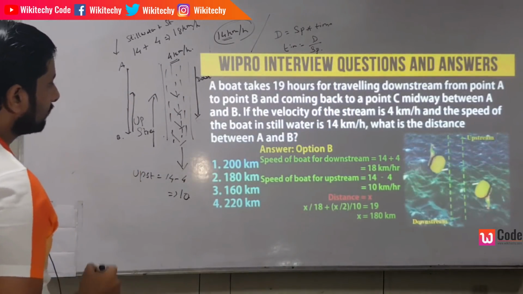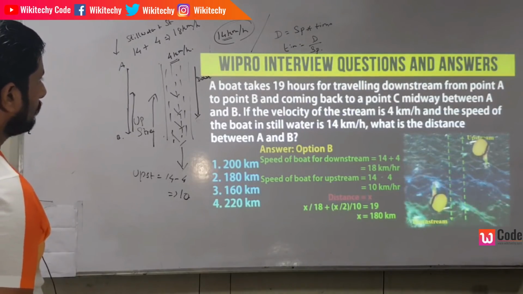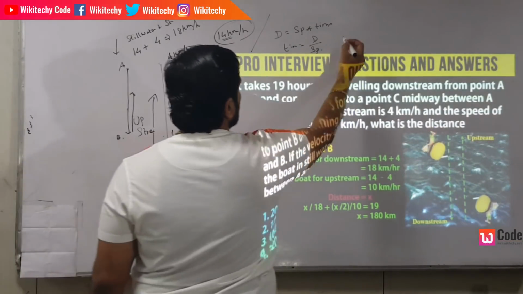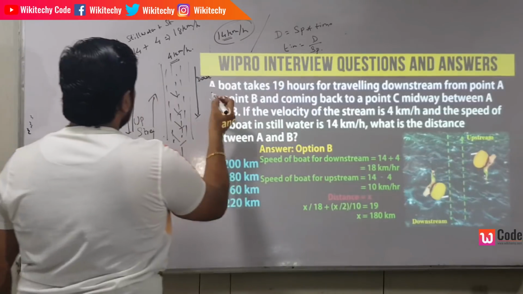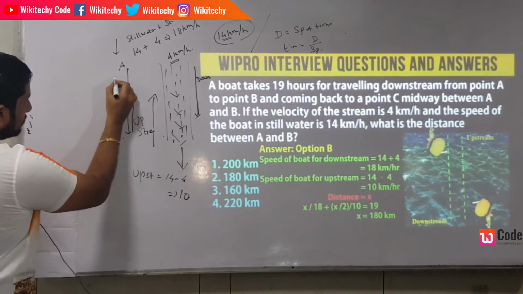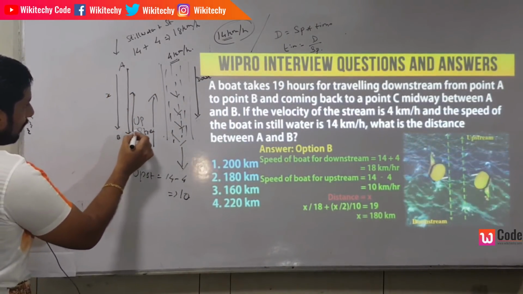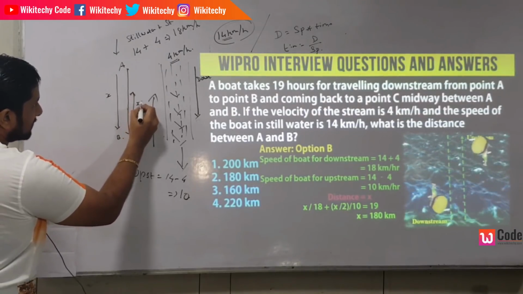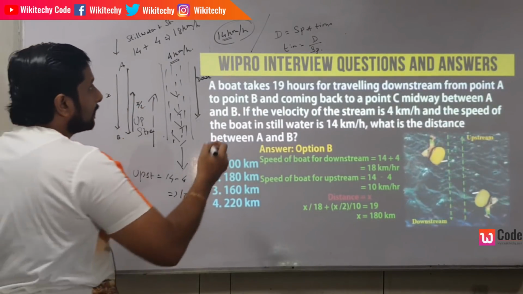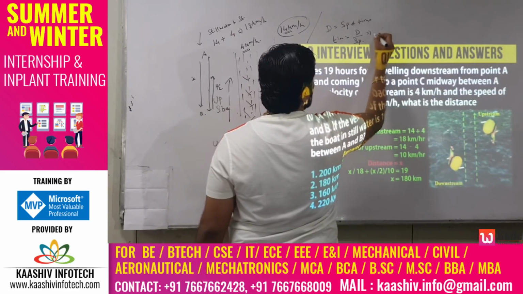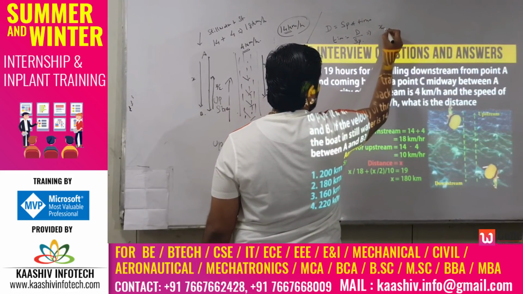Considering that the distance is x, I travelled x to reach here, and on the way back only partially, that's x by 2.